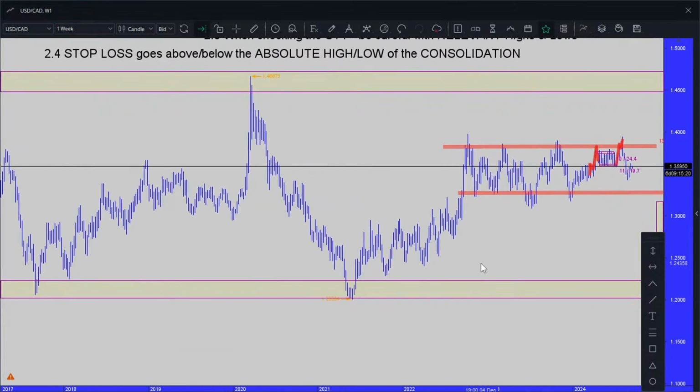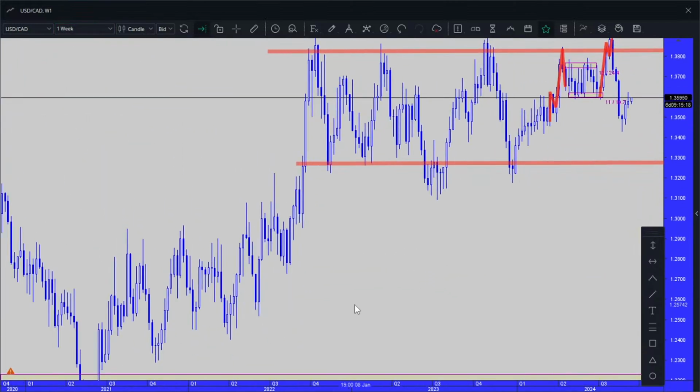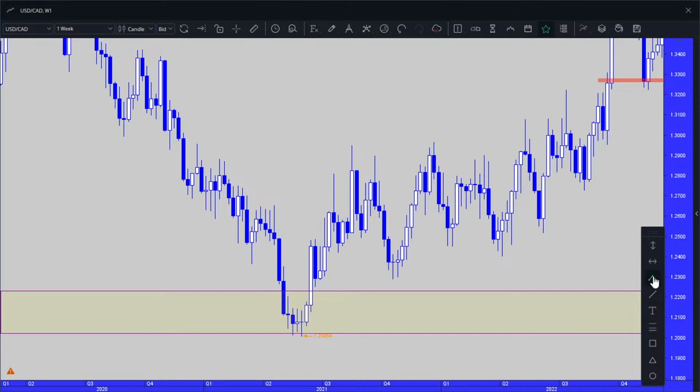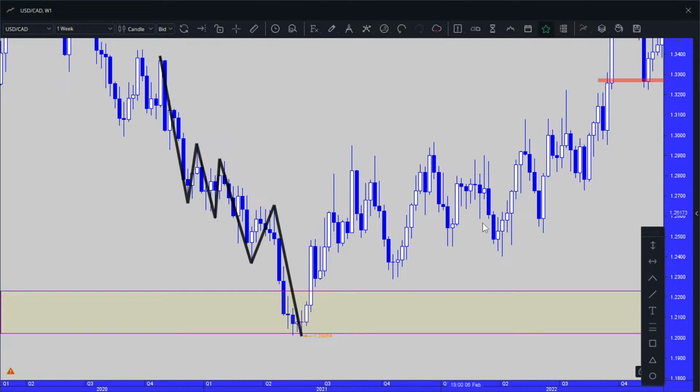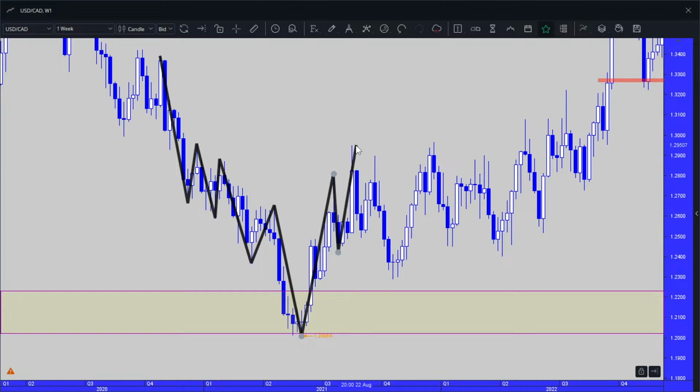All right, and I'm going to zoom in. Now it's a different story, right? High to low, low to high, high to low, low to high, high to low, low to high, high to low. Agreed? And there you go. Low to high, high to low, low to high.